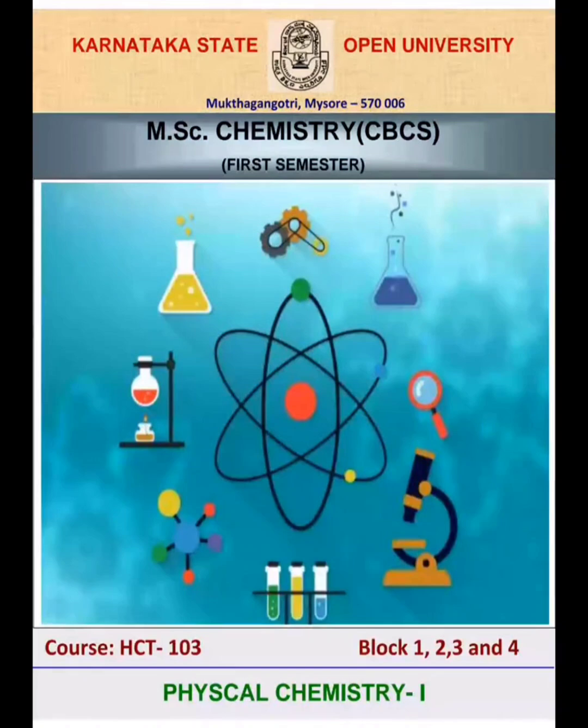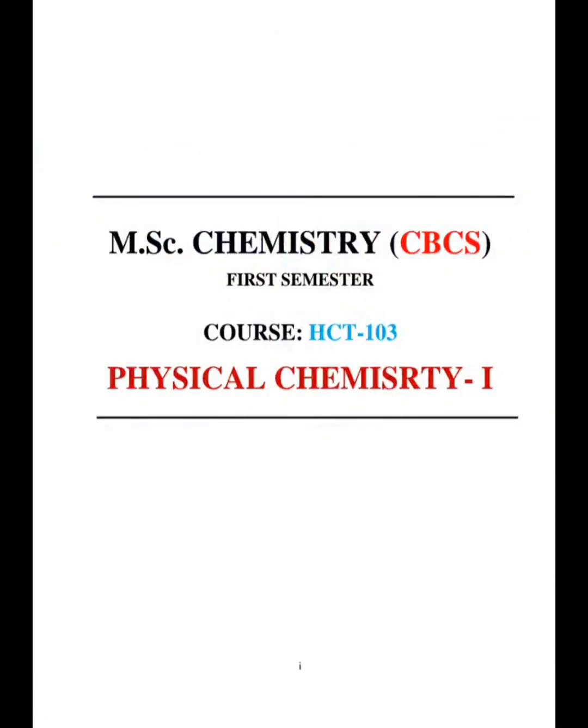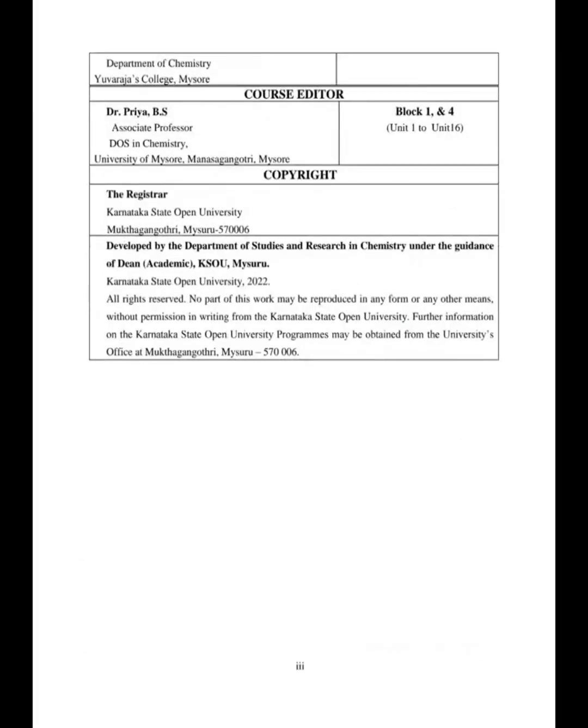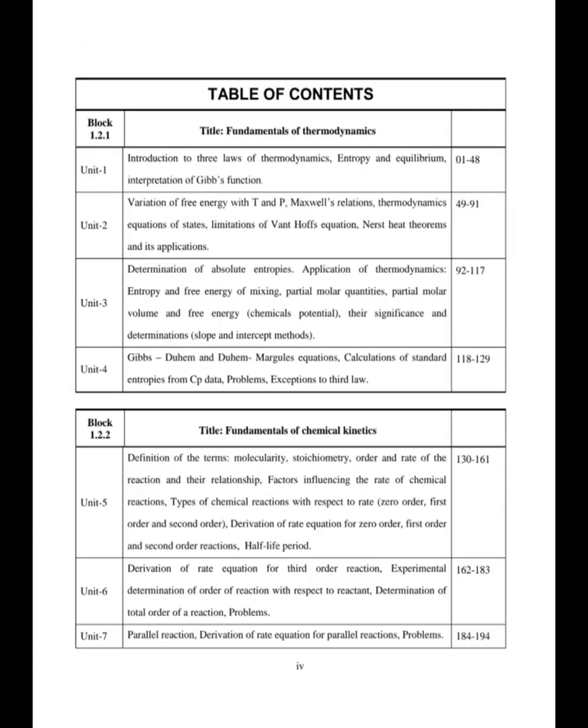We will be taking Physical Chemistry I, that is, thermodynamics and chemical kinetics, in Unit 1 and 2. In this we are going to study the basic terms and principles of thermodynamics and the first, second, and third law of thermodynamics.